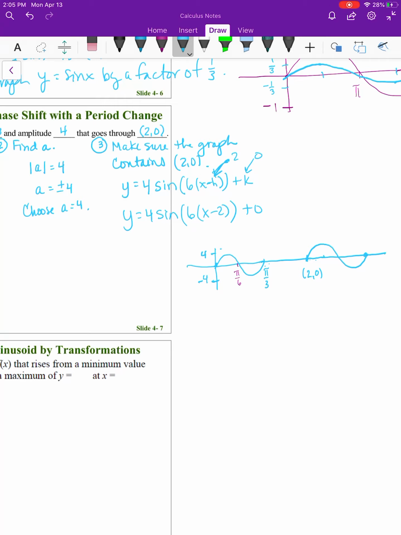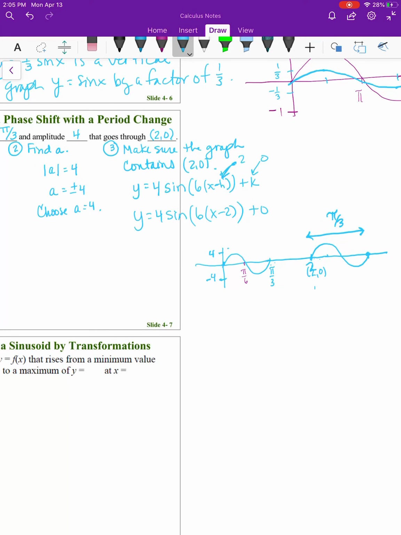So what we're doing is we're shifting it 2 units over so that it still is going to complete a cycle in pi over 3 radians. That means from here to here is still going to be pi over 3. But this is going to be 2, and this is going to be something else, 2 plus pi over 3, whatever that is in radians. But we are shifting it to the right.